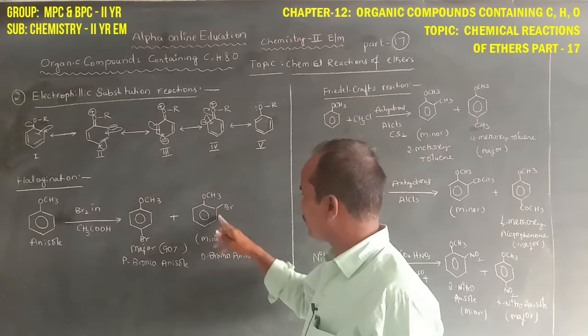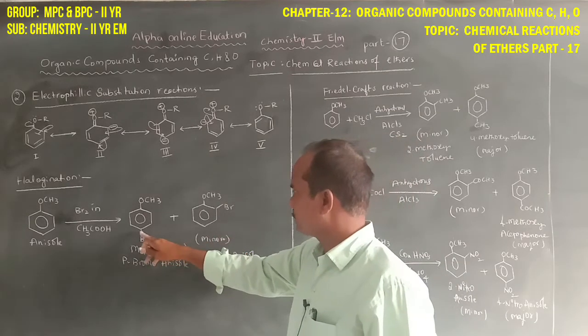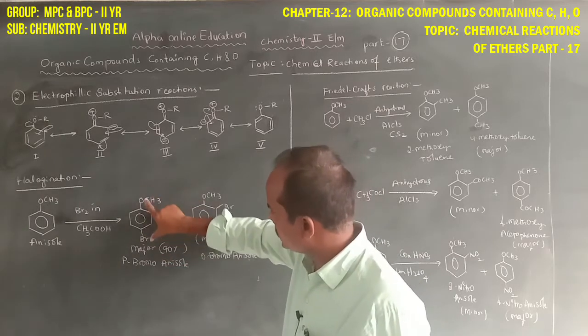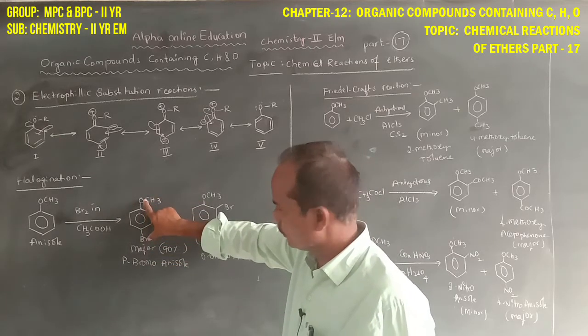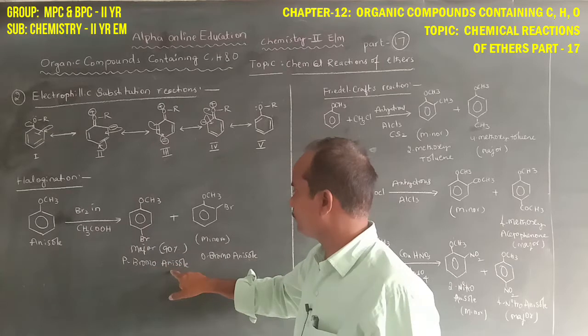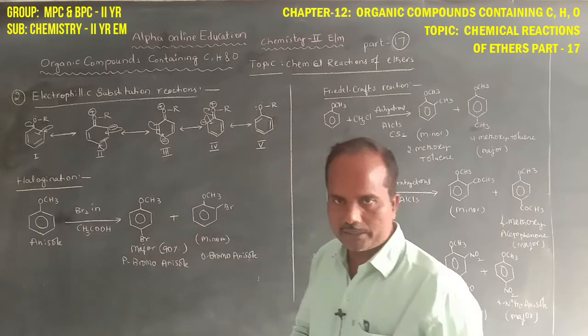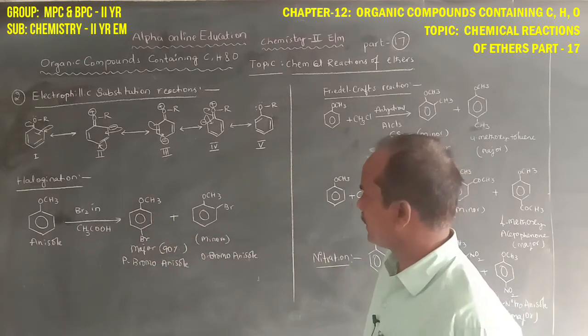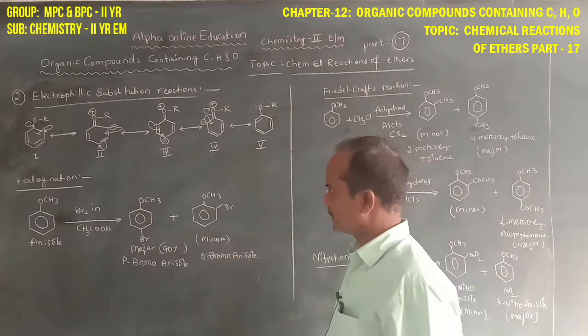The distance between the two groups is long in the para product, so para-bromoanisole is formed in the maximum amount, 90%.